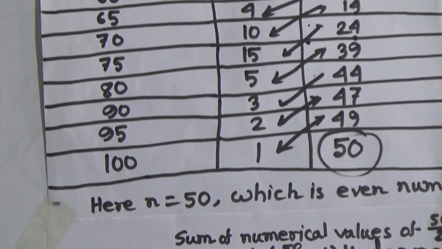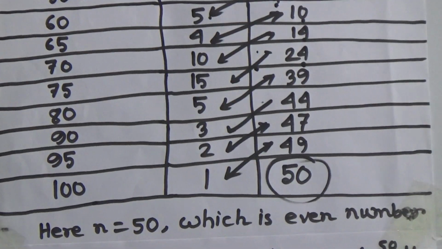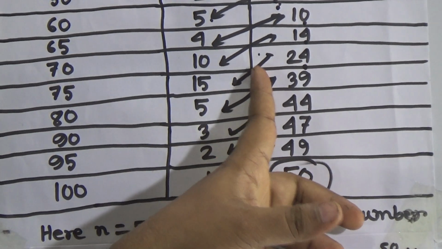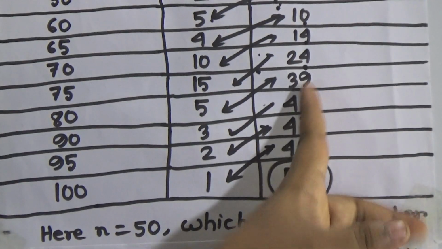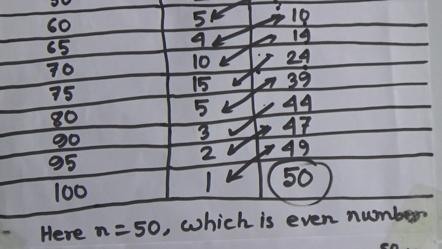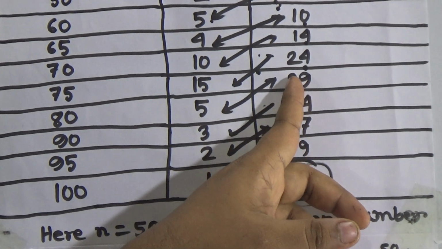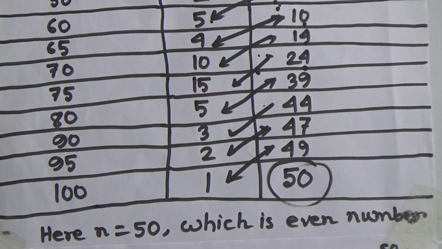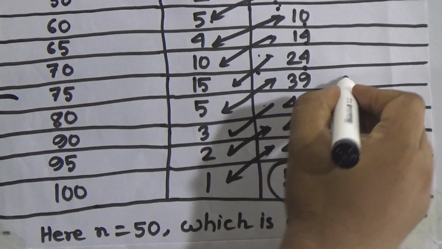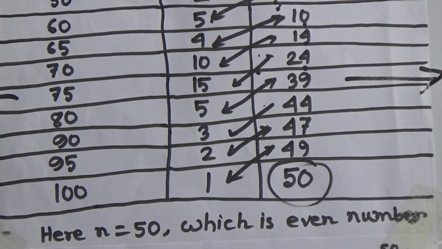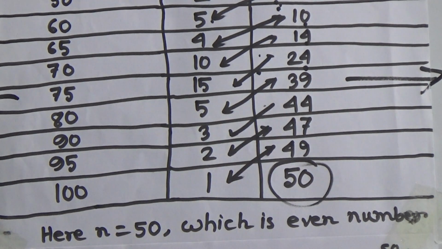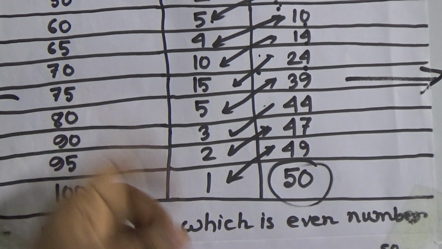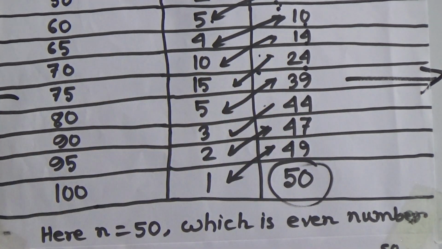My dear student, it starts from 25 to 39. 25 is the initial point and 39 is the terminal point, and we need the 25th term, which lies in this column. So the 25th term is 75 and the 26th term is also 75.